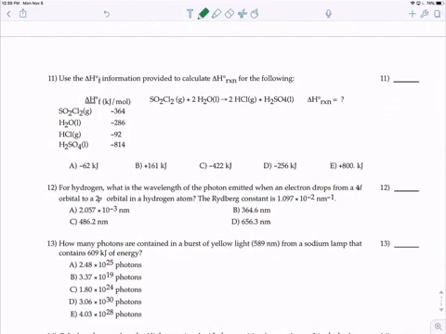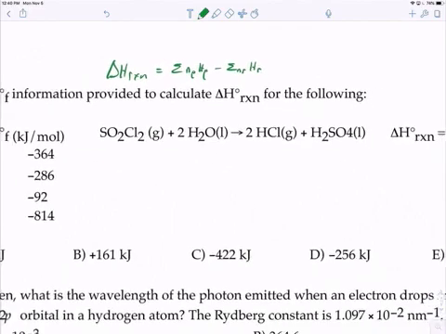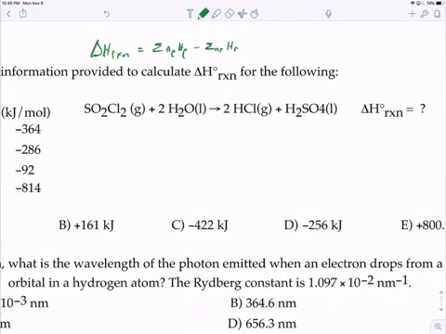Use the enthalpy of formation to figure out the heat of reaction. So the delta H reaction is the sum of n of products times H of products, minus the sum of n of reactants times H of reactants. So we apply this.